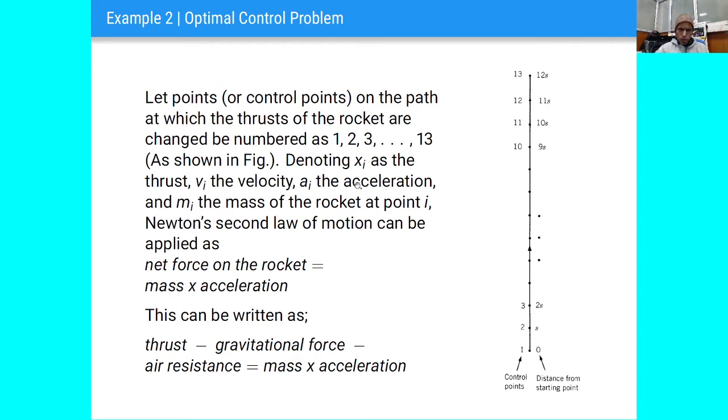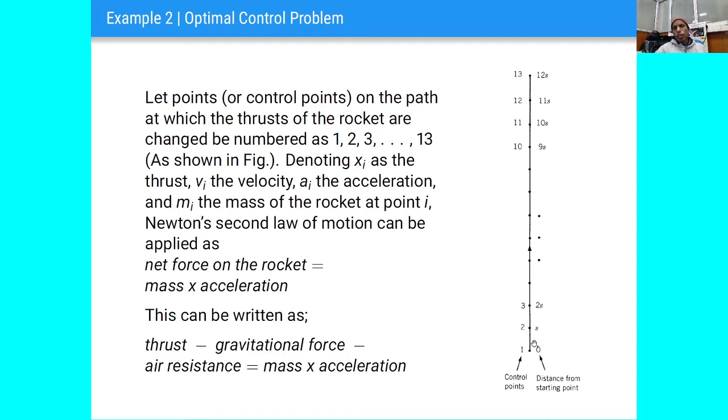Okay, so similarly the velocity at point i is denoted by Vi. So the corresponding velocities will be v1, v2, v3 and up to v13. Okay, similarly the acceleration is denoted by Ai. So A1, A2, A3 up to A13. And the mass of the rocket at point i is denoted by Mi.